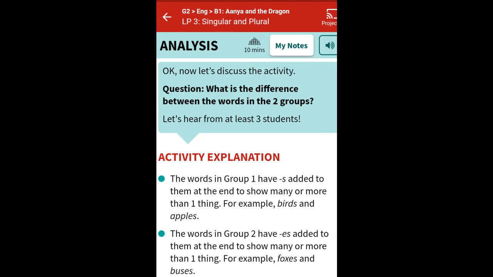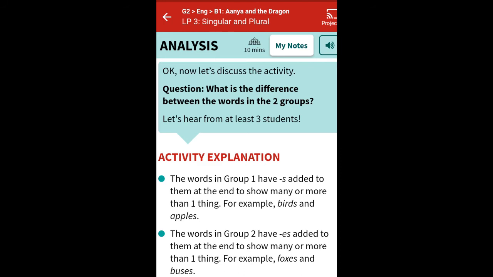See, in this activity discussion part 1, what is the question? What is the difference between the words in the two groups? The words in group 1 have s added to them at the end to show many or more than one thing.